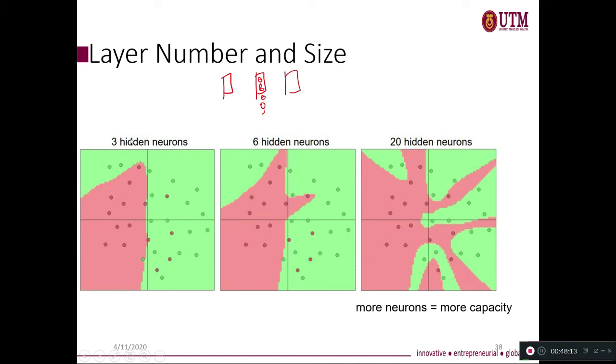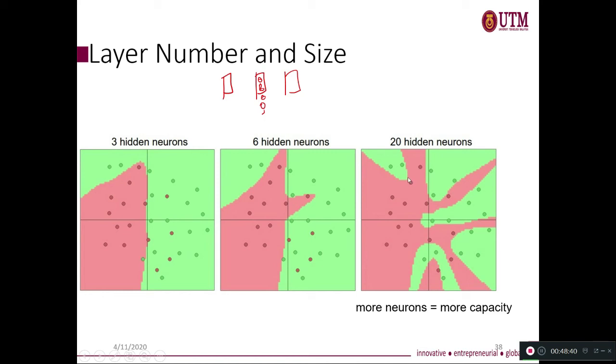By increasing the number of neurons to 6, you can touch this one, meaning you manage to cover it. This should be red here. If you increase to 20, what will happen? Now it is much better, meaning you can reach this point.